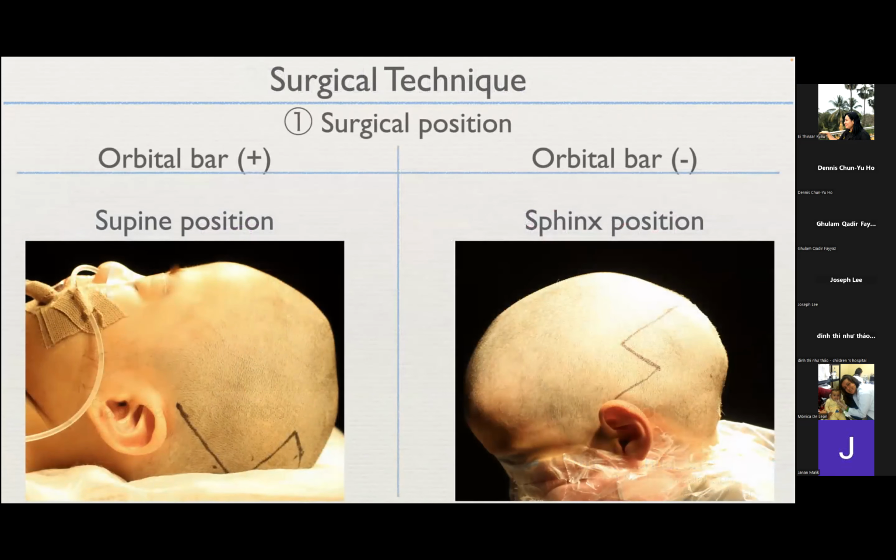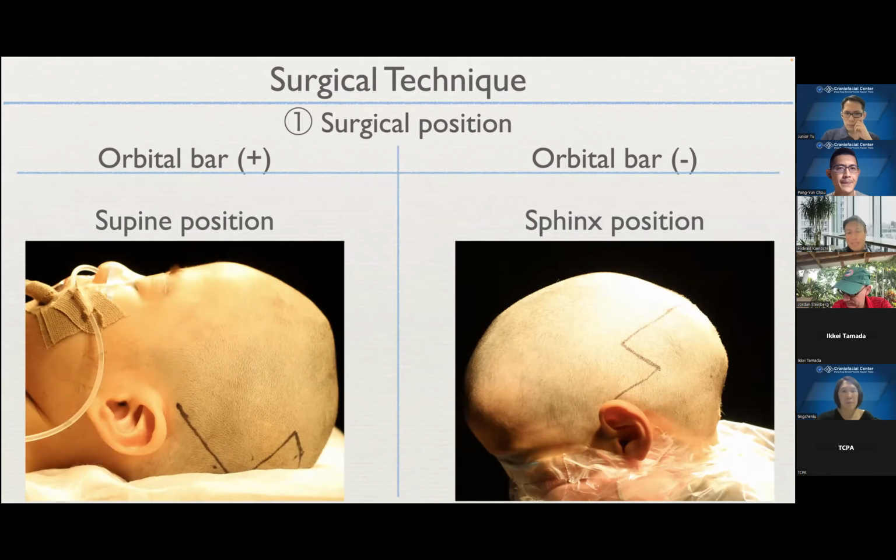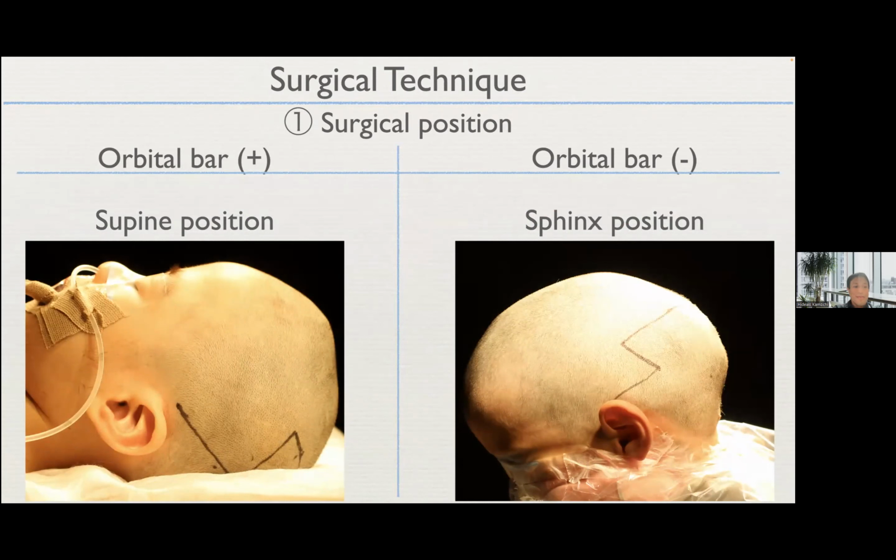Surgical position. If an orbital bar is necessary, the supine position is preferable as it facilitates easier osteotomy of the orbital bar. If an orbital bar is unnecessary, a sphinx position is preferable as it facilitates easier osteotomy of the entire skull.